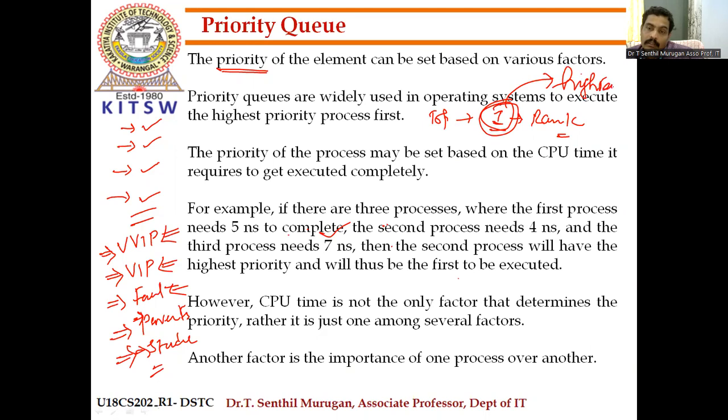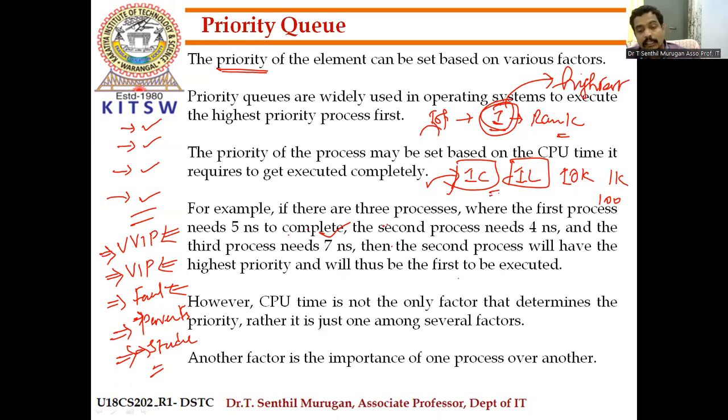In case I have money and I want to categorize or give priority to those who have more money, if one person has 1 crore, another 1 lakh, another 10,000, another 1,000, another 100 rupees, how will you give the priority? First those who have more money, crores, then the next. So here the maximum value has the highest priority. Earlier, the minimum value had the highest priority.